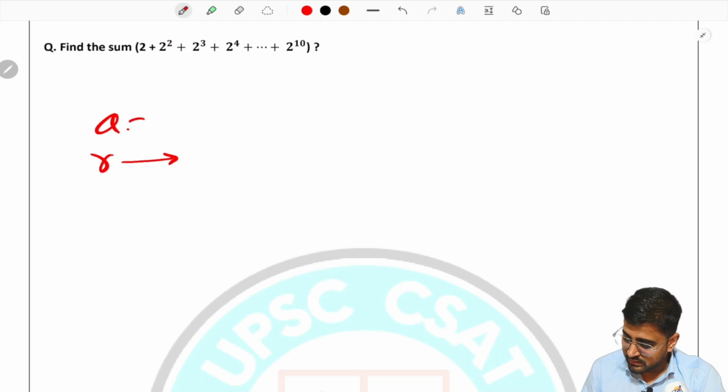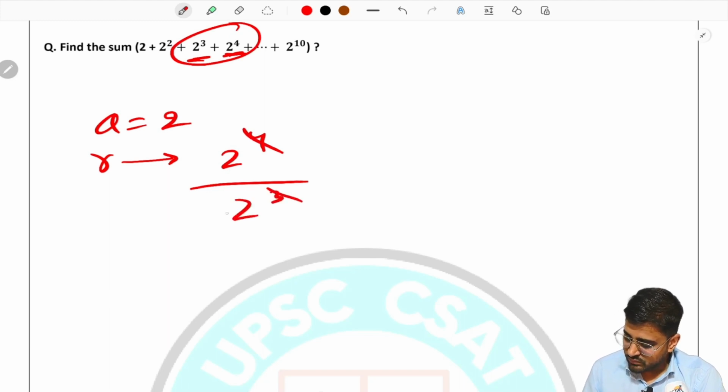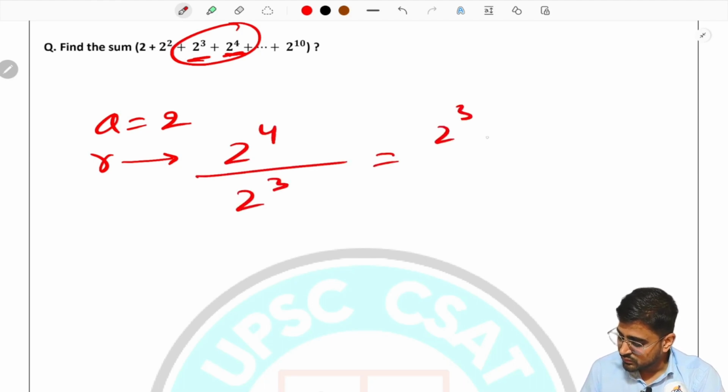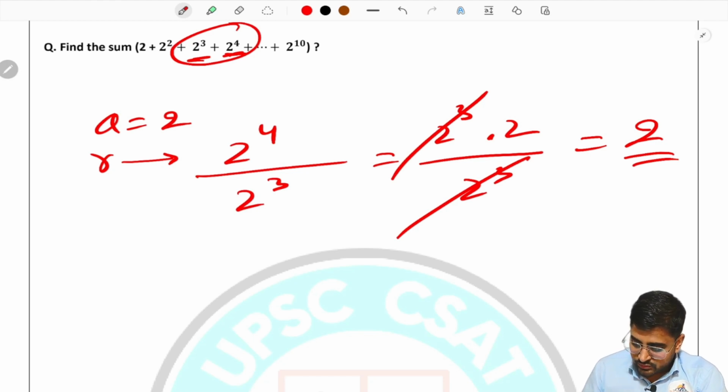Okay, a is 2 here, take this one divided by this one. Things should be the same only, na. 2 is 4, 2 is 3. You can write it as 2 3 2 2 3. So the common ratio is 2. Okay, so now we have the common ratio also.